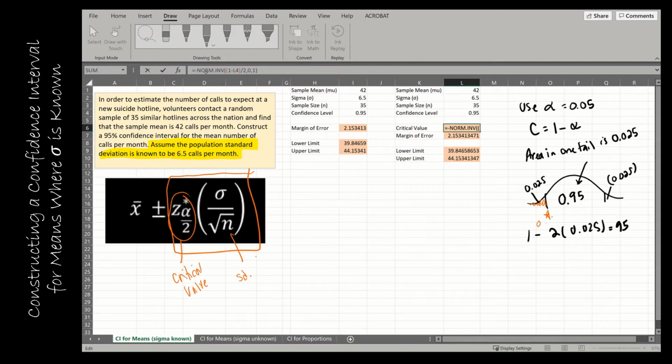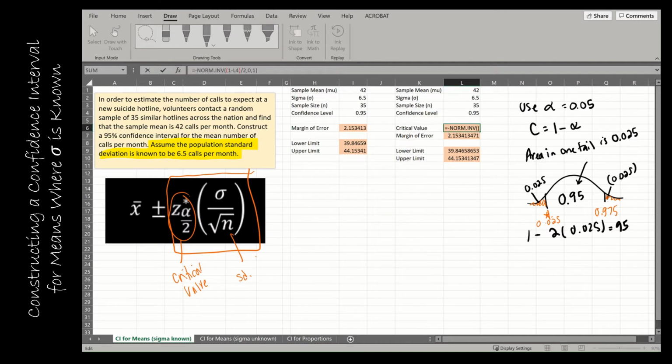Well, to the left of this is 0.025. To the right of this is 0.025, but that means to the left of this is 0.975. So what I did is I said, well, I want to make the calculation as simple as possible.